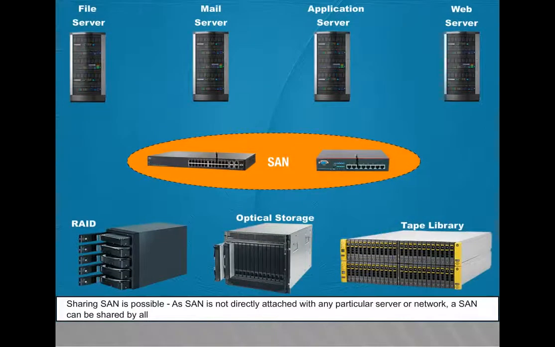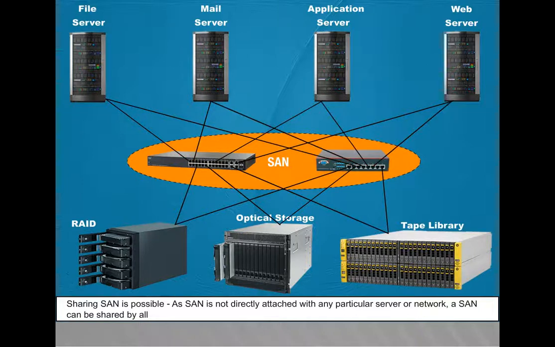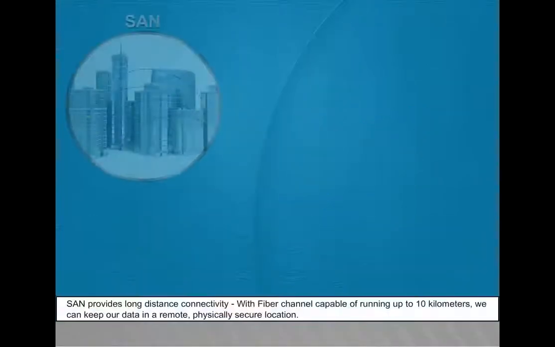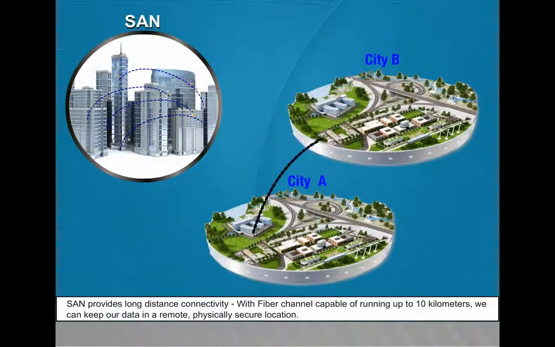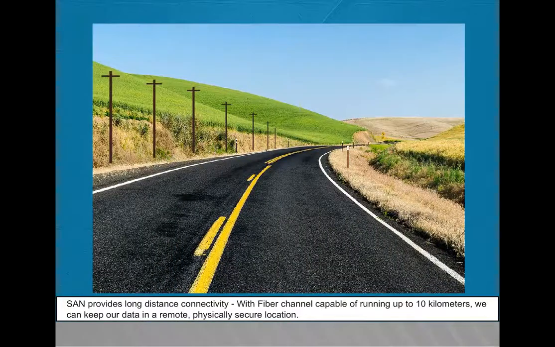Sharing SAN is possible. As SAN is not directly attached to any particular server or network, a SAN can be shared by all. SAN provides long-distance connectivity. With fiber channel capable of running up to 10 kilometers, we can keep our data in a remote, physically secure location.